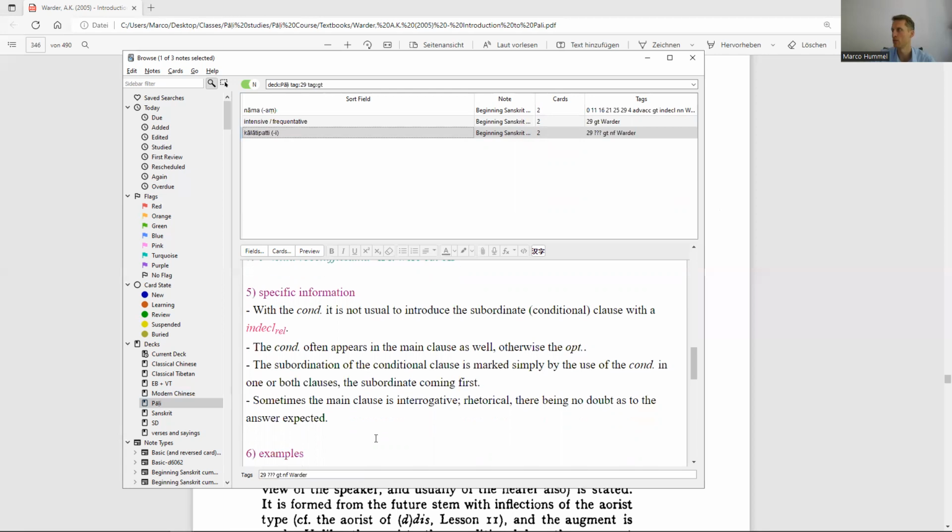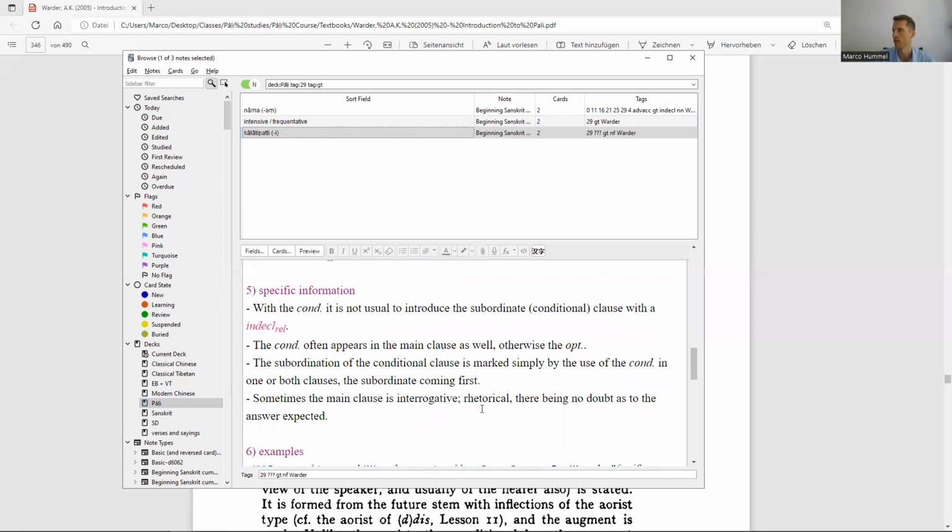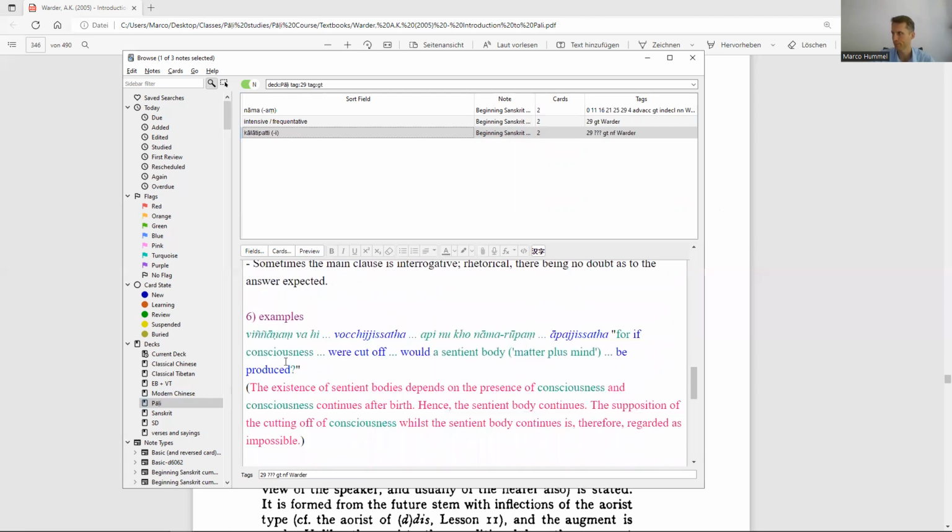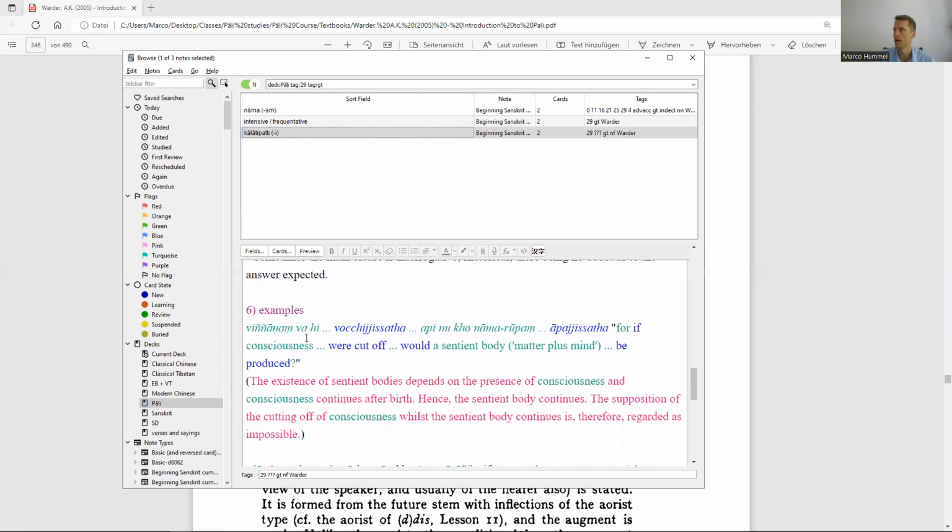Sometimes the main clause is interrogative, so meaning rhetorical, there being no doubt as to the answer expected. So, for example, vinnanam vocchijjissatha, api nu namarupam abhavissatha: if consciousness were cut off, would a sentient body, namarupa, so matter plus mind, be produced?